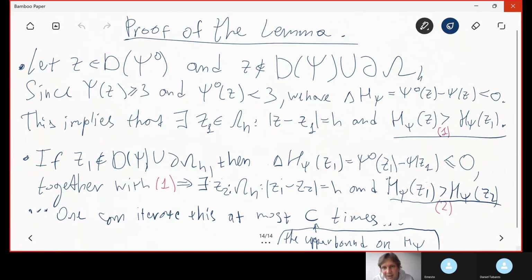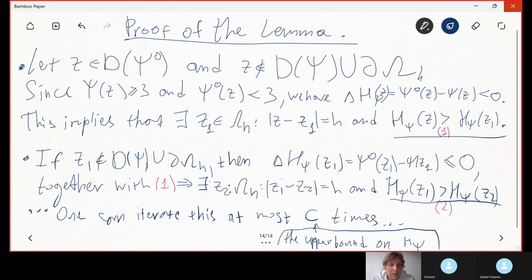Therefore, the Laplacian at z is negative, which means that there exists a neighbor z1 such that the value at the neighbor is less than the value at the original vertex. This is just the consequence of being in the interior, not near the boundary, and having the negative Laplacian. Okay, that's inequality 1.